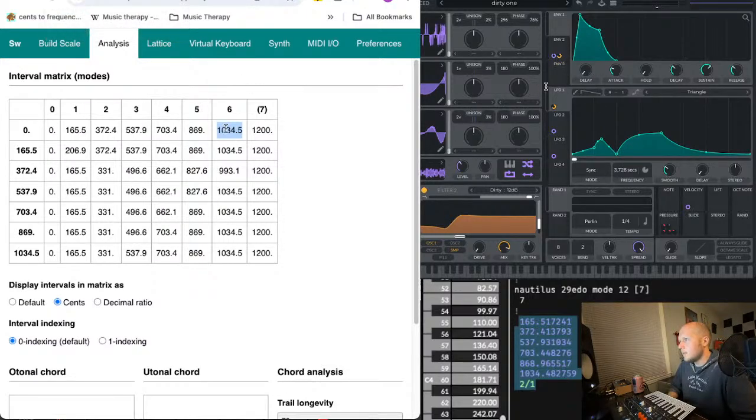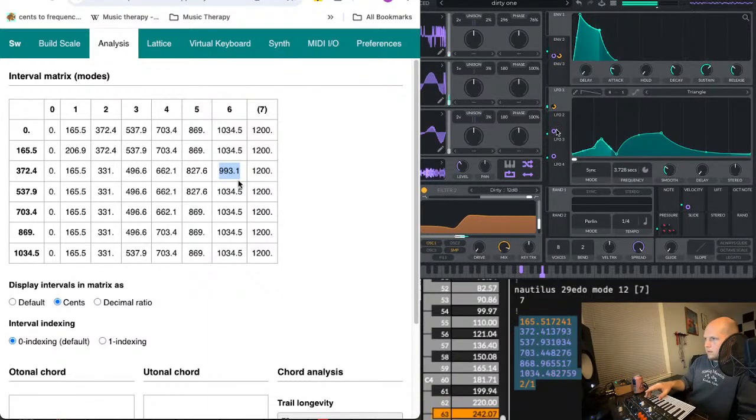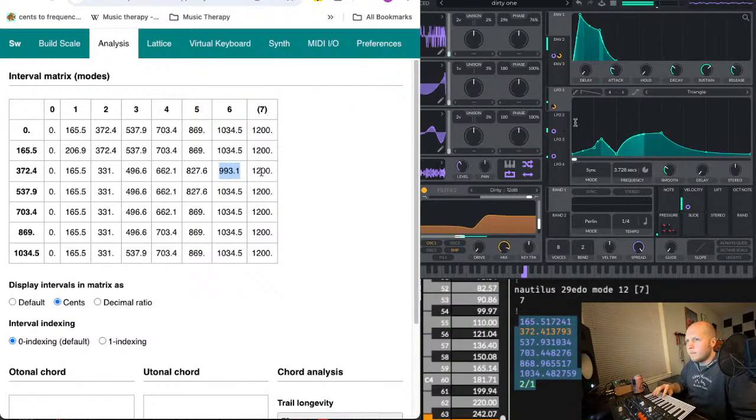So yeah, that sounded just like that. So that's good. And then we have this one. If we start on the third step, so we have these lesser undecimal neutral sevenths. As soon as we get here, we have this Pythagorean seventh.